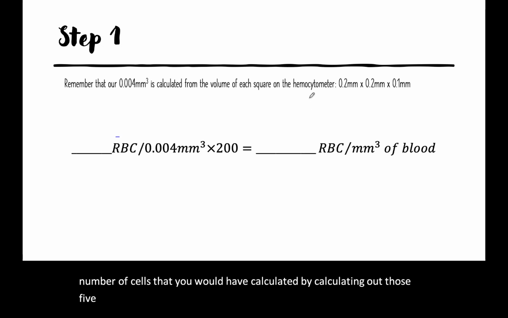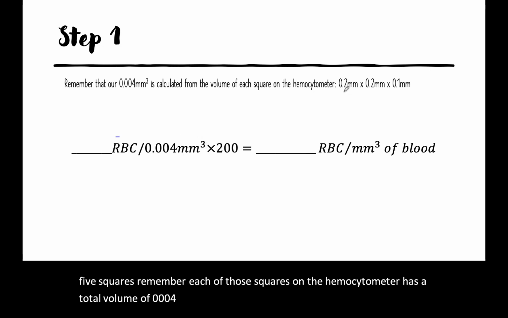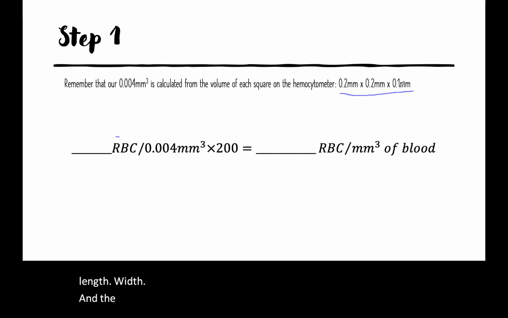Remember, each of those squares on the hemocytometer has a total volume of 0.004 millimeters cubed, and we got that by multiplying the length, the width, and the height of the space which those red blood cells occupied.